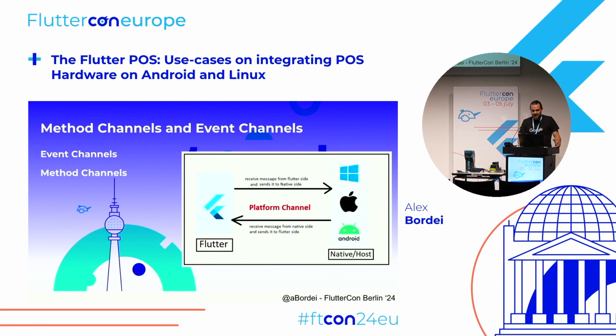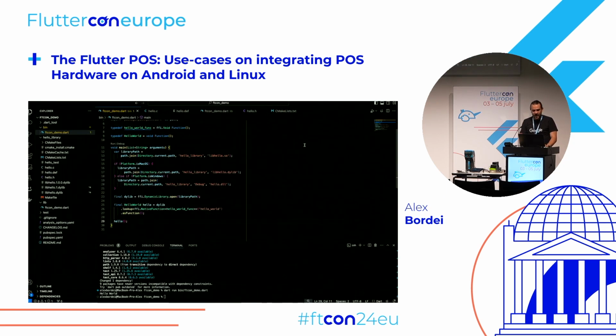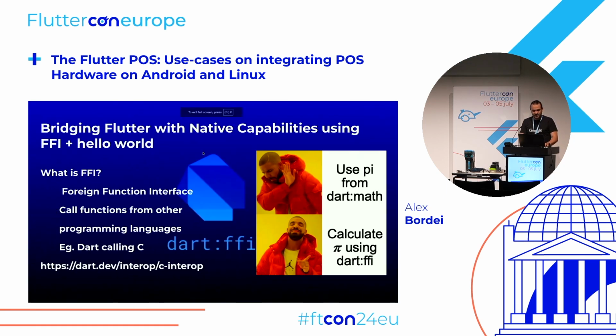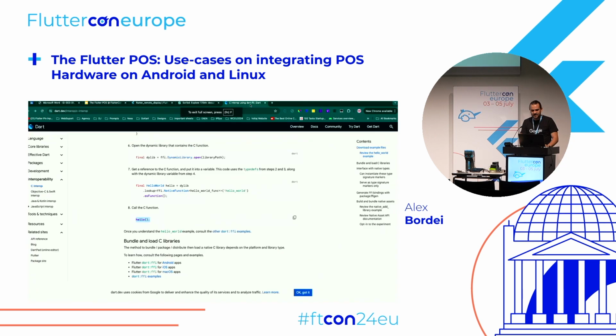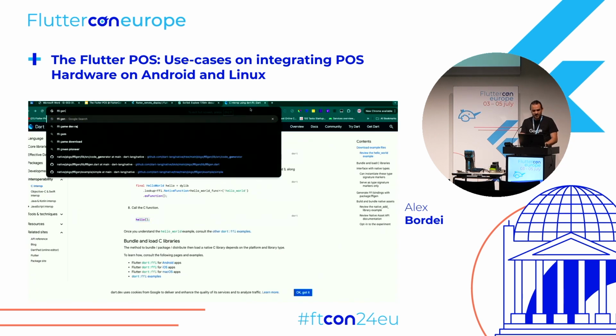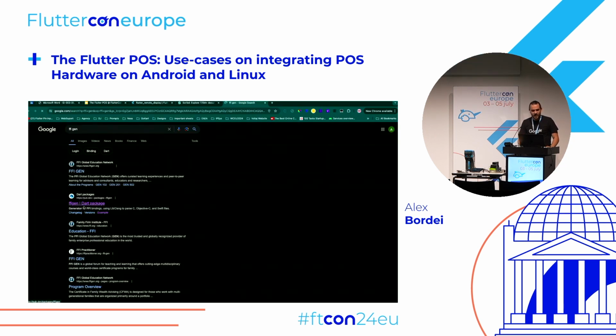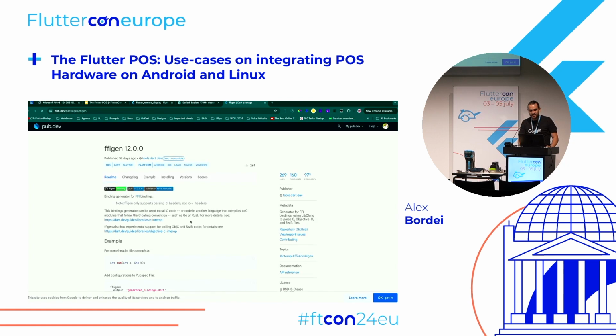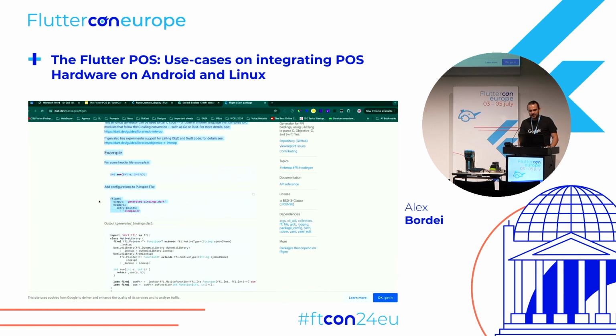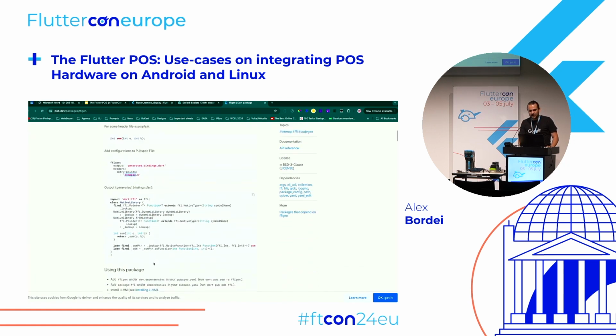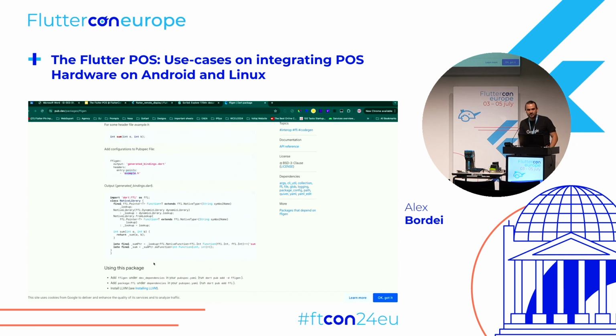So what helps us is this FFI generator, which is basically a Dart package that is able to analyze a library and automatically expose the methods into a Dart file.